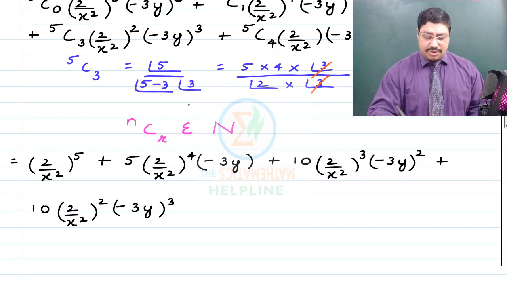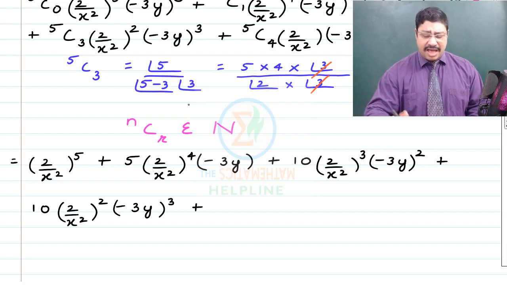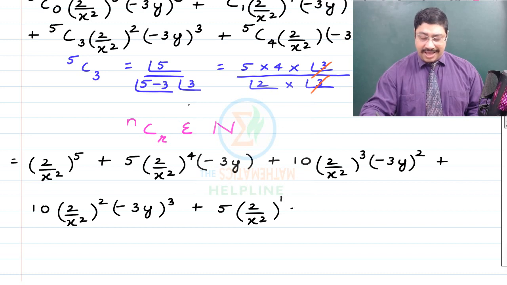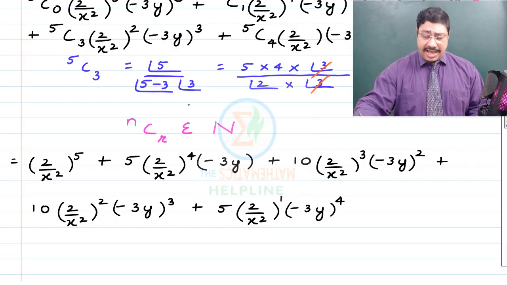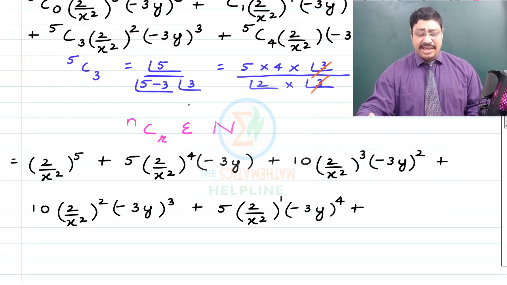Now after this, we talk about the next term, which is again going to have a binomial coefficient of 5, right? And then you will have 2 upon x square, right, which is going to be raised to the power 1, and then you'll have minus 3y, which is going to be raised to the power 4. And now comes the last term, 5C5, like 5C0, will have the value of 1.